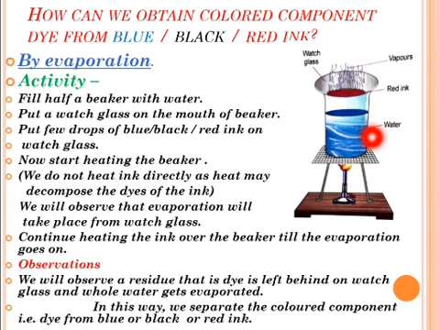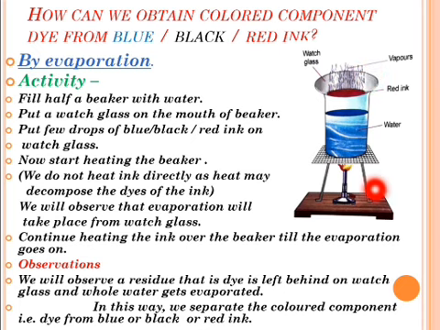Students, we do not heat ink directly as heat may decompose the dyes of the ink. So we heat the ink in a watch glass over this water bath. We will observe that upon heating, evaporation will take place from the watch glass.